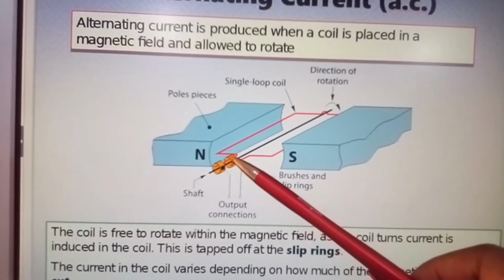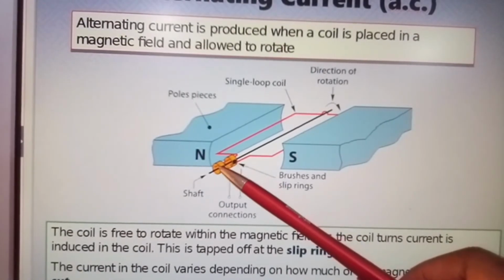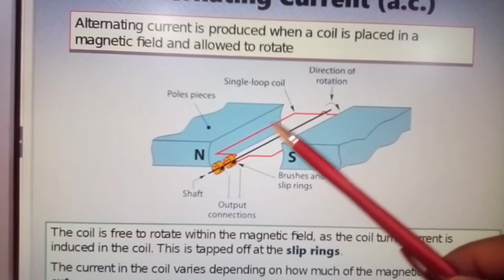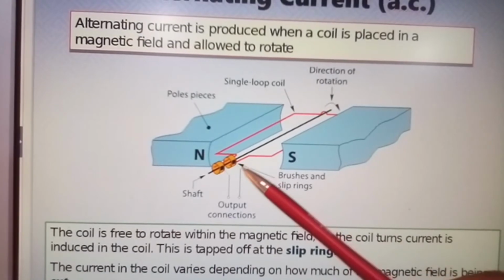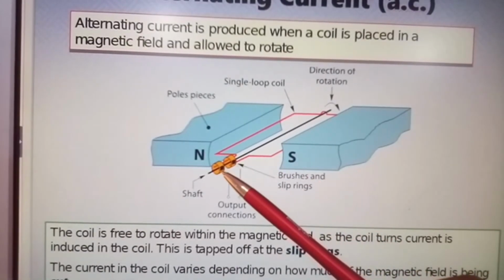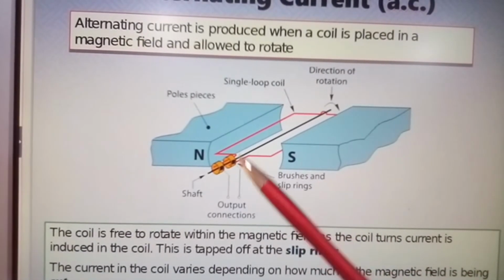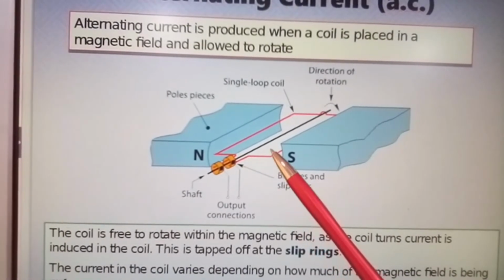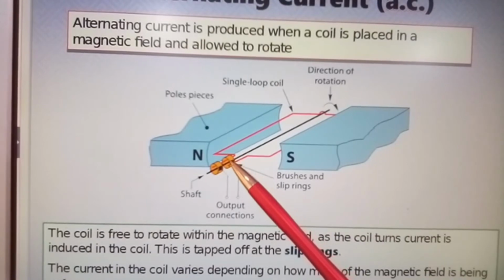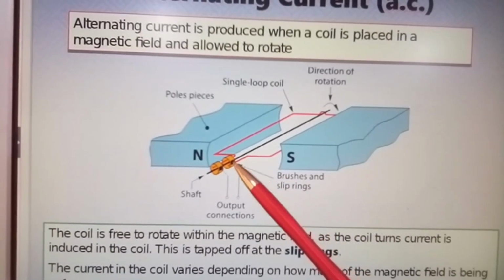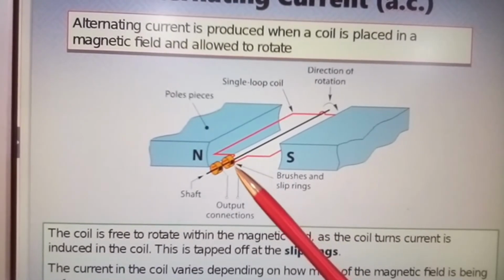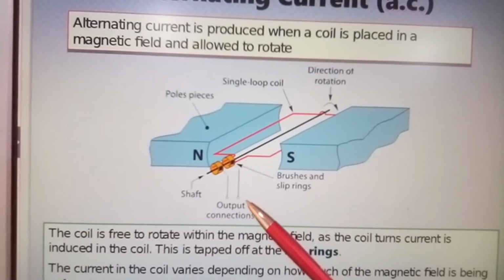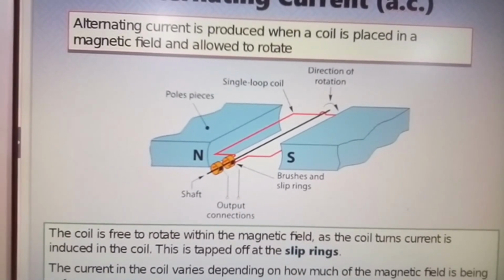These are your slip rings. These two here are your slip rings. One end connects to one slip ring, the other end connects to your other slip ring. As that coil rotates, it produces electricity, and this produces your output to your cable and to your supply.